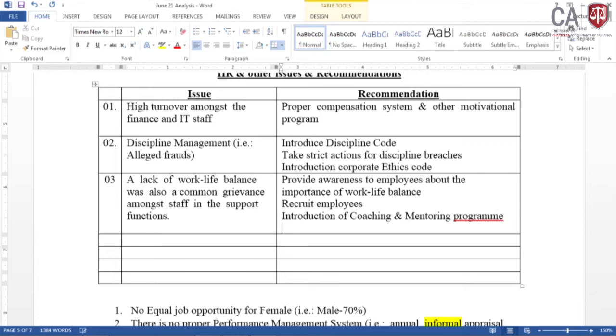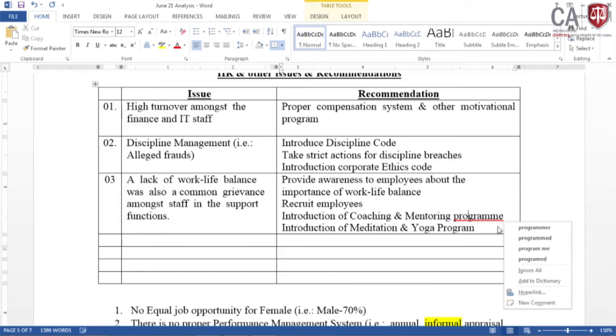Introduction of a yoga program, meditations and yoga program. Now, these are some of the suggestions, right?